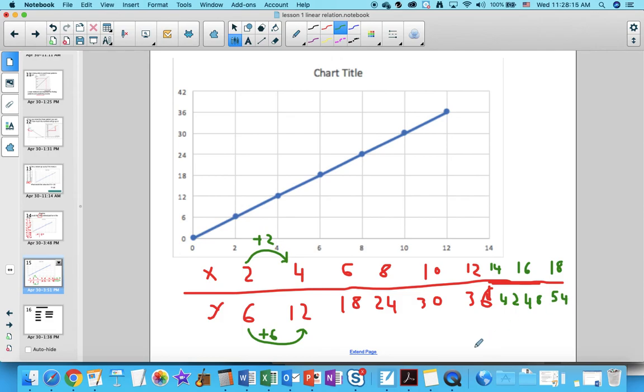And then at 20 should be 60. So at 20, when x is 20, our value should be 60. Okay?